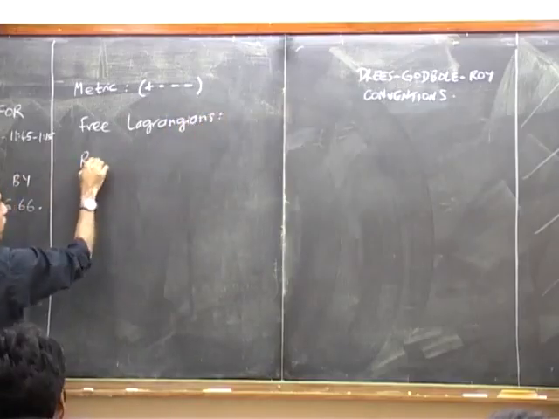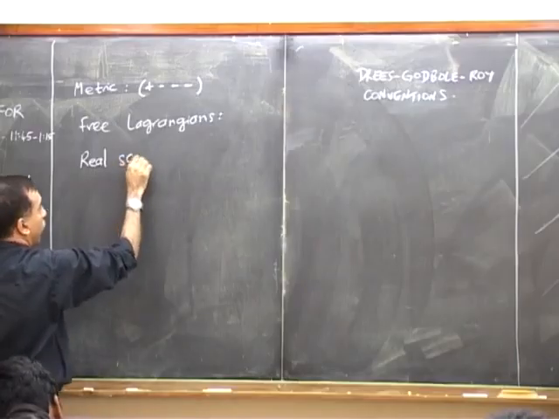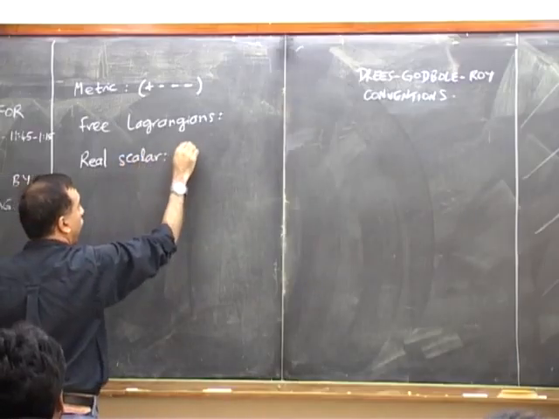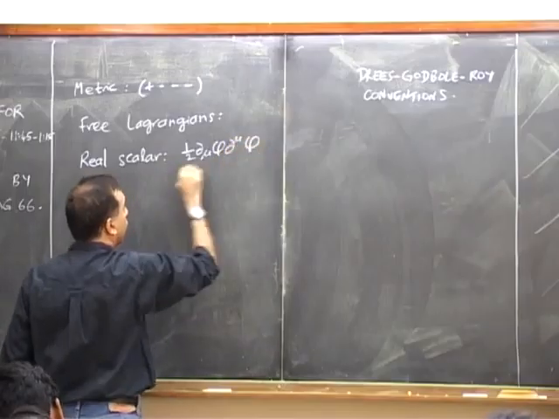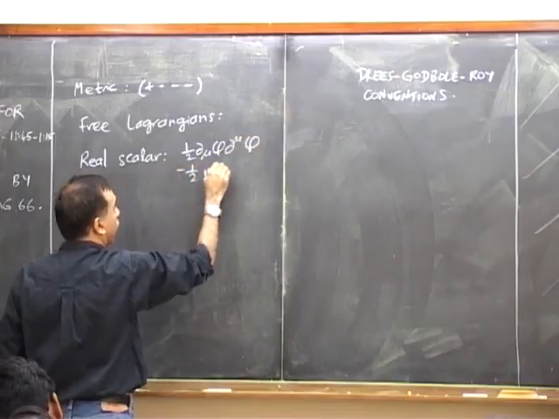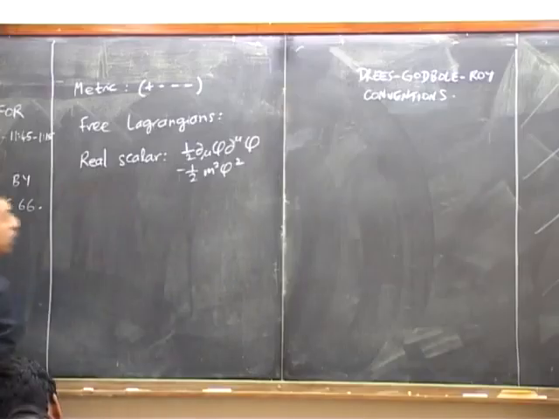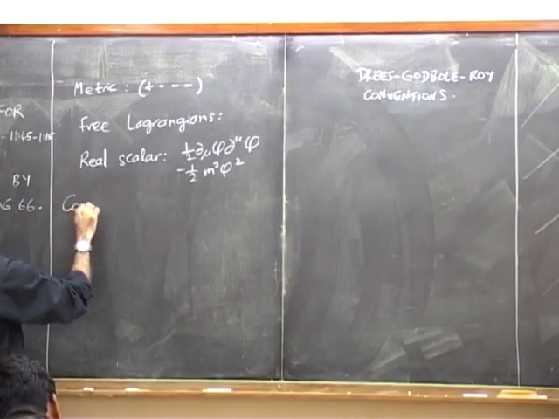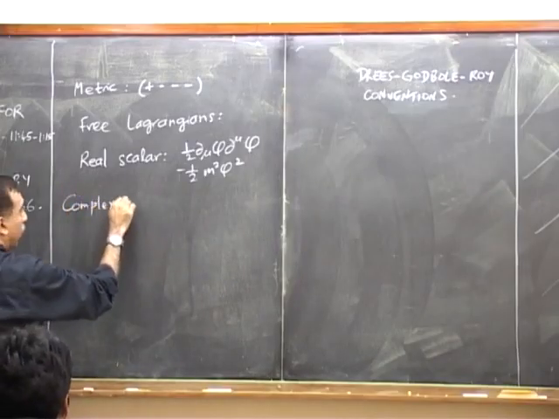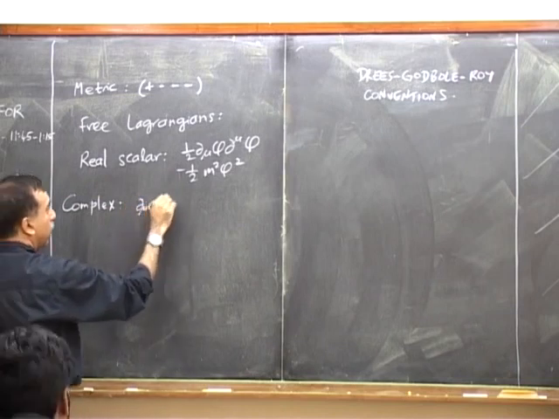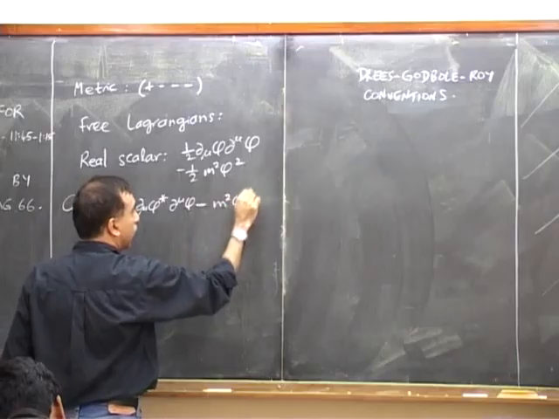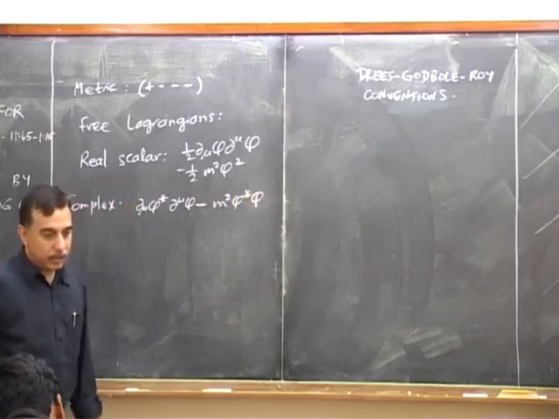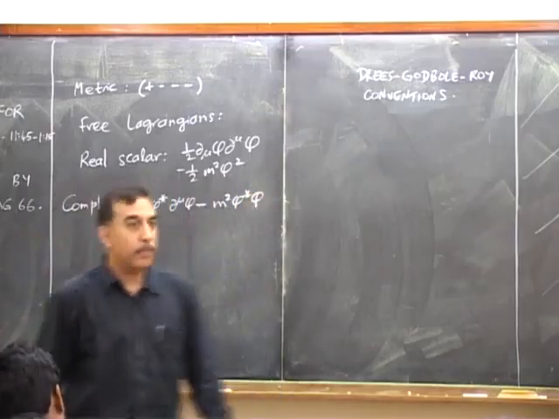So, for a real scalar, we have a half del mu phi del mu phi minus a half m squared phi squared. For a complex scalar, we have the coefficient 1: del mu phi star del mu phi minus m squared phi star phi. These are pretty standard in the literature.